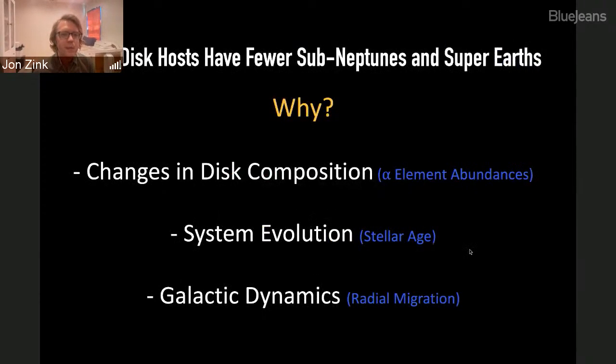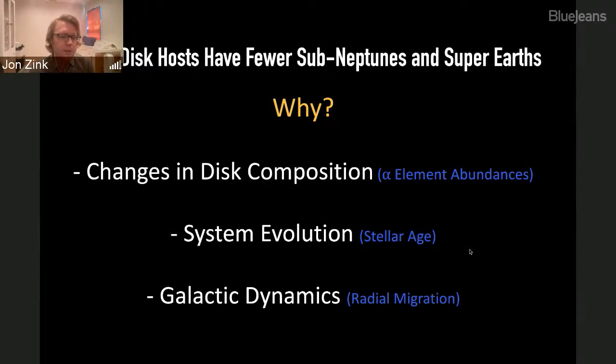And so the big takeaway is that thick disk stars tend to host fewer sub-Neptunes and super-Earths. It's not completely clear why this might be, but presumably it could be a change in disk composition, alpha element abundances. Potentially there's some stellar evolution or a proxy for stellar age that's reducing these smaller planets, potentially early on perturbations from when they're in globular clusters, much more densely packed star formation regions.